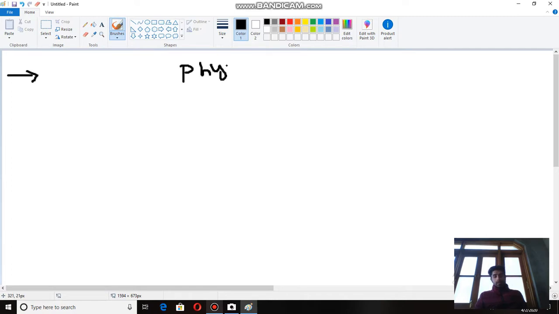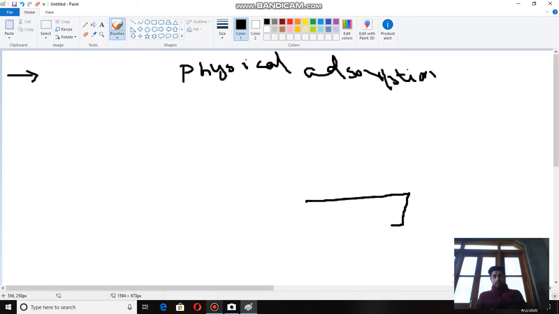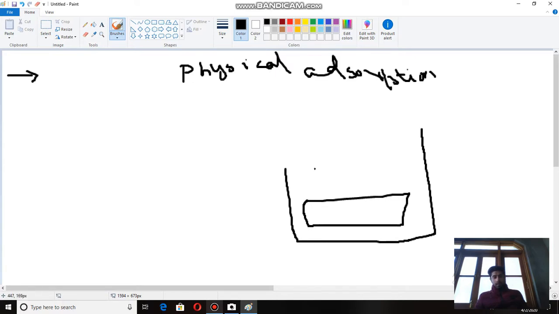Let's talk of this physical adsorption. See, consider this as a solid surface and we put it in some container like this, and here is a movable piston over here.